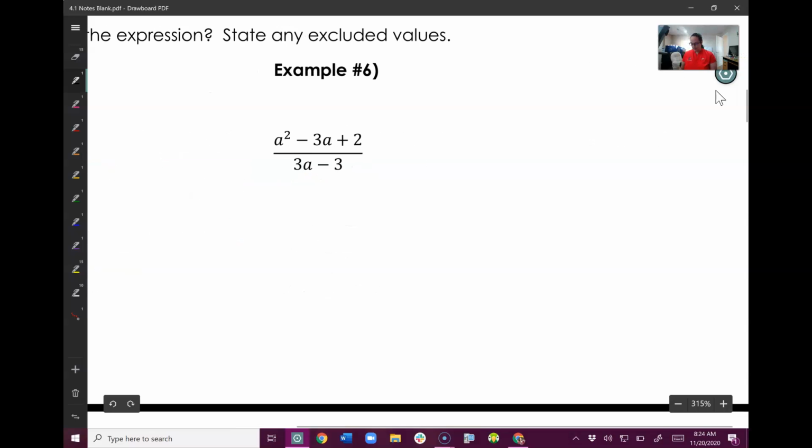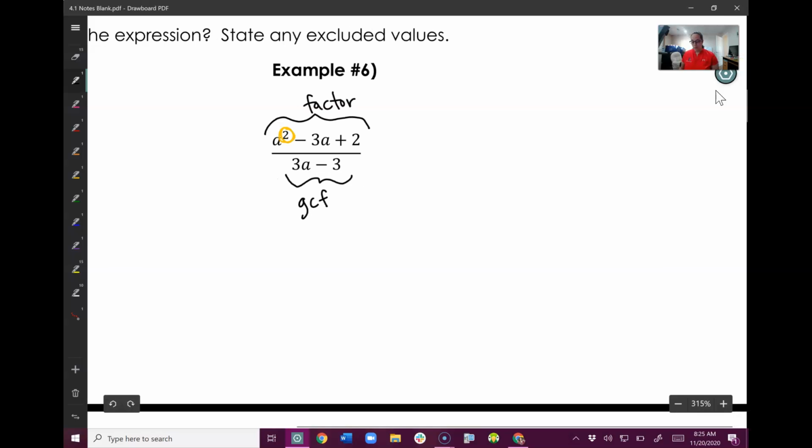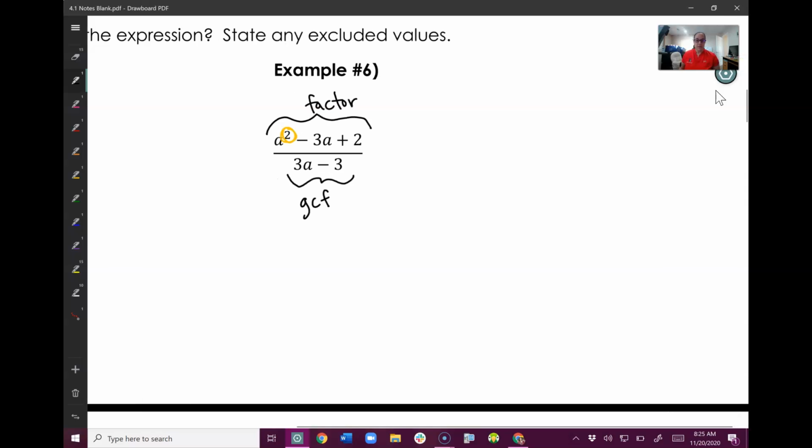Okay, example number 6 is very similar to what we just did, where the top has a squared in it. So you're going to factor the top, and then the bottom is a glue term but no squared, so you're going to do GCF. So I want you to try this one on your own. Pause the video, try and work through this one on your own, and then come back and check your answer.